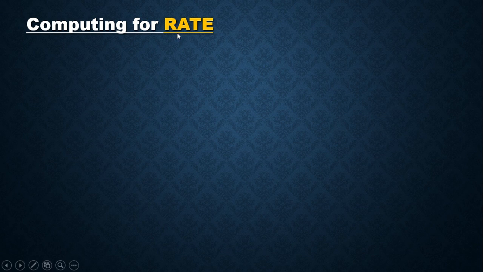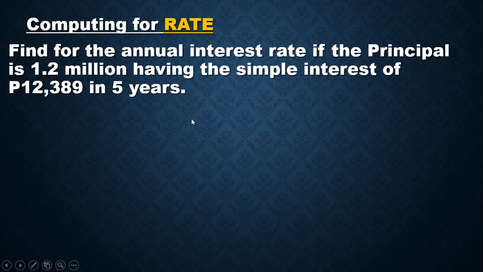How about kapag interest rate o rate naman po ang nawawala? Example, find for the annual interest rate if the principal is 1.2 million having the simple interest of 12,389 in 5 years. So kung ikaw ay nag-invest ng 1,200,000 at may simple interest na 12,389 sa loob ng 5 taon, hahanapin po natin kung ilang interest rate ang ibinigay ng bangko para sa ating ininvest na pera.